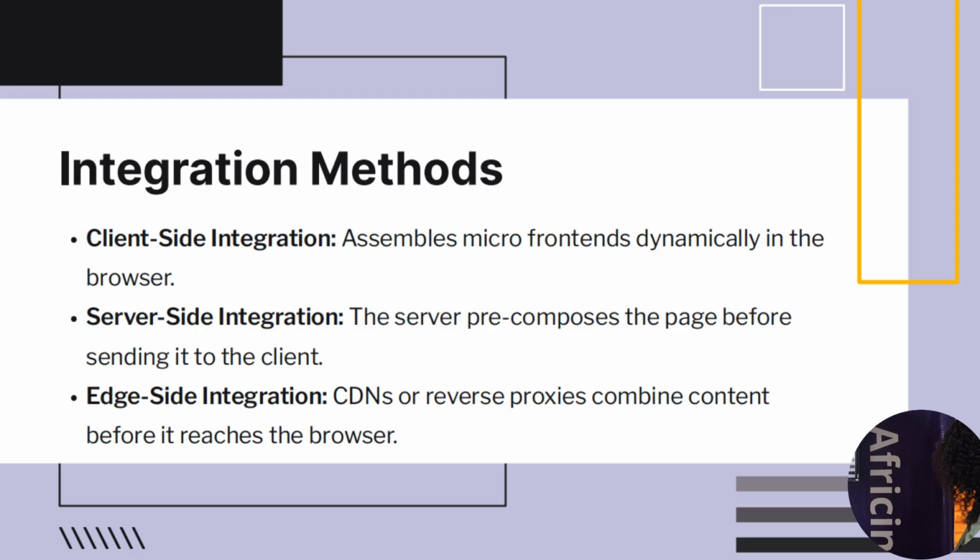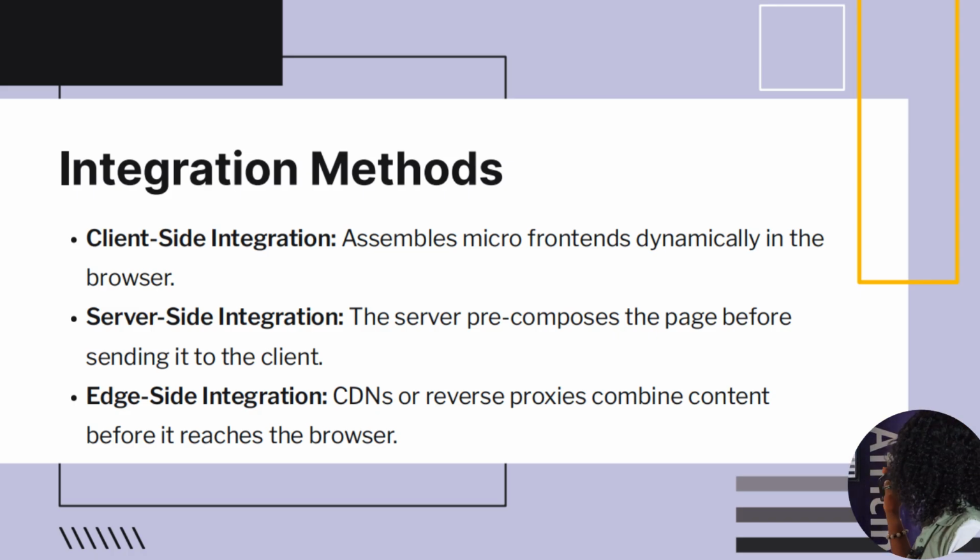That is for the client side, which enables the user to interact with the application. Then the server-side integration. The server recomposes the page before sending it to the client. You can use JavaScript also to combine these microfrontends into a single HTML document before it is rendered to the browser.